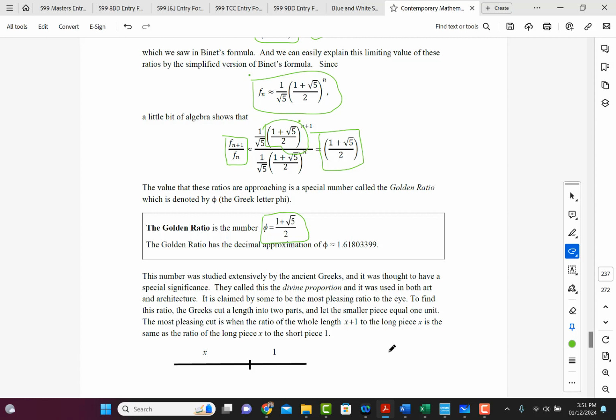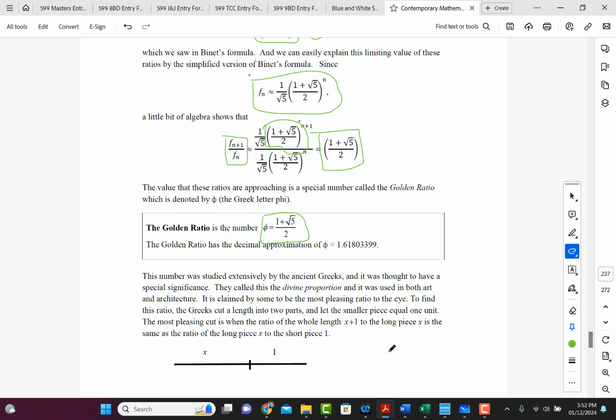To find this ratio, the Greeks cut a length into two parts and let the smaller piece equal 1 unit. The most pleasing cut is then the ratio of the whole length, x plus 1, to the long piece, x.